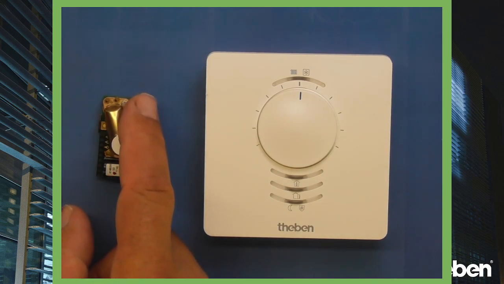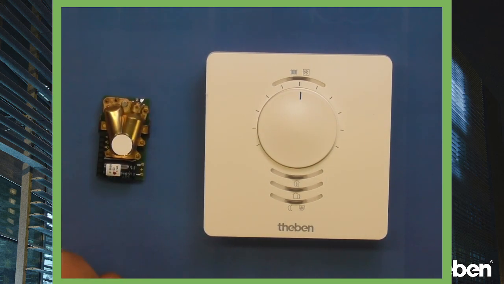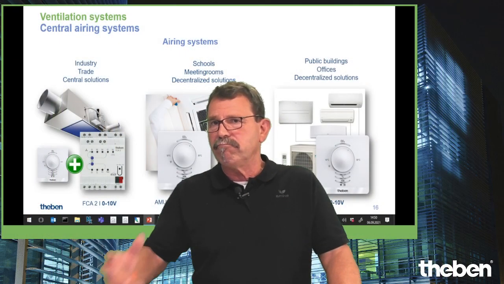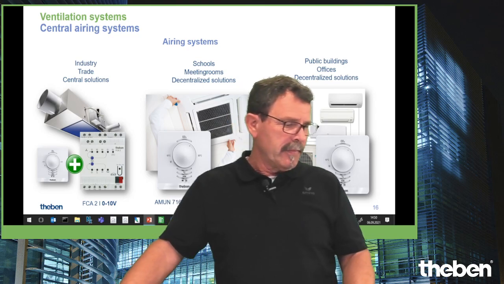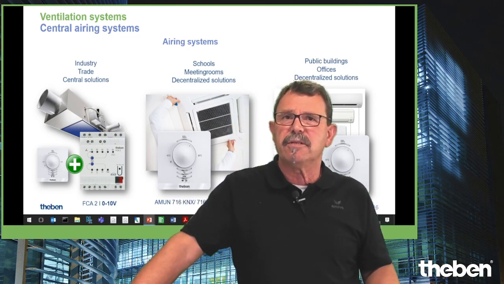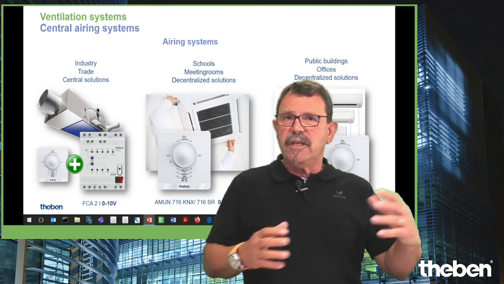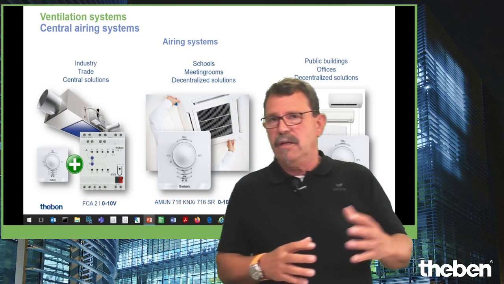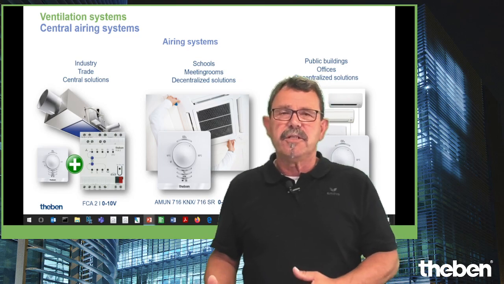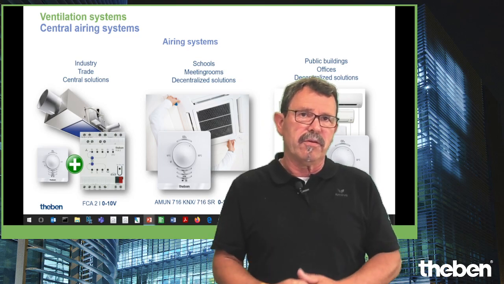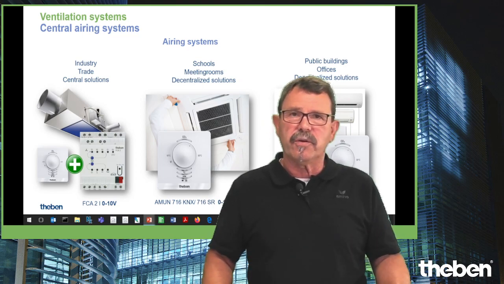And at the end we do have a specific electronic component which measures how the air quality is. And in this CO2 sensor we do have a humidity sensor as well, so you can control it either on humidity base or on CO2 base, or both together, however, so you can link it together.